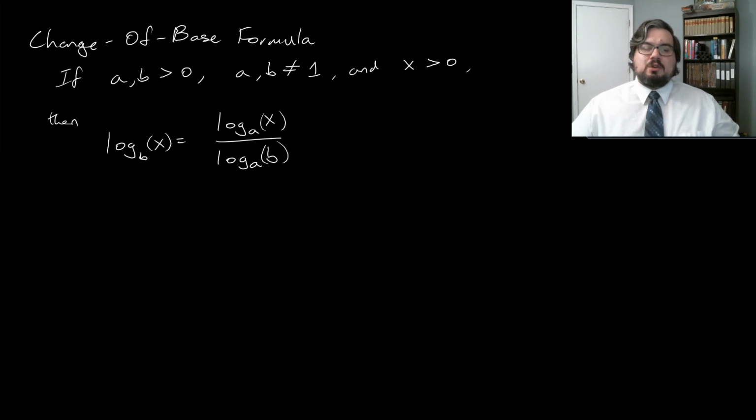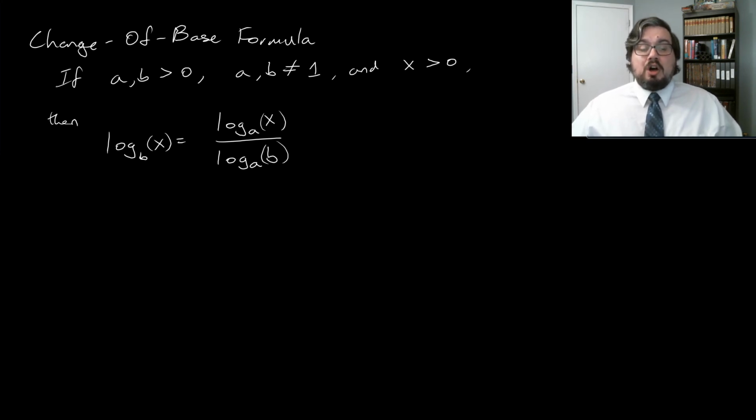So this gives an equation between two expressions. The expression on the left involves a logarithm of one base, b, and the expression on the right involves logarithms of another base, a. The thing that is so helpful about this formula is that we get to choose the base a. If we have some expression, log base b of x, on the left that we don't know how to evaluate, we can choose any base a that we like to rewrite it using the change of base formula.